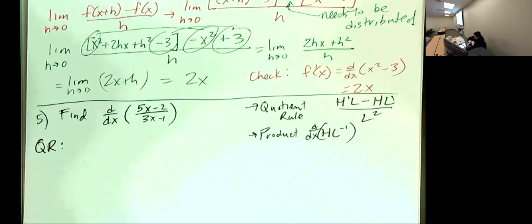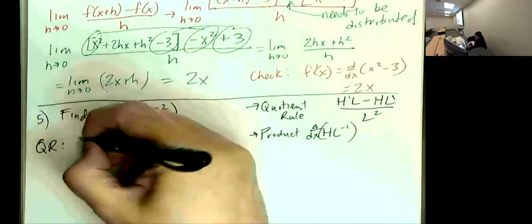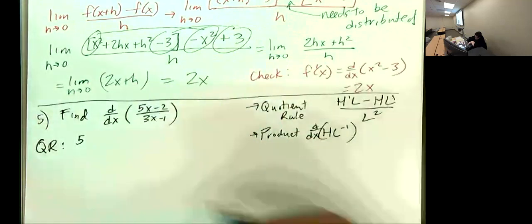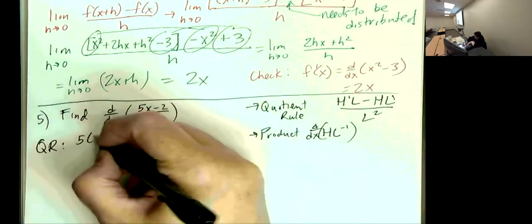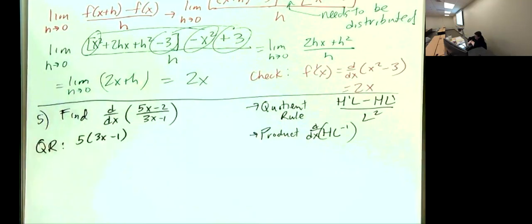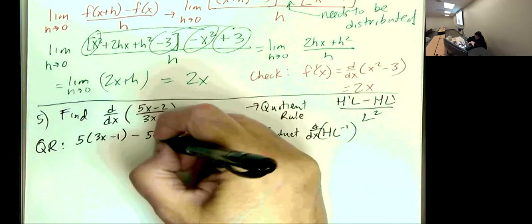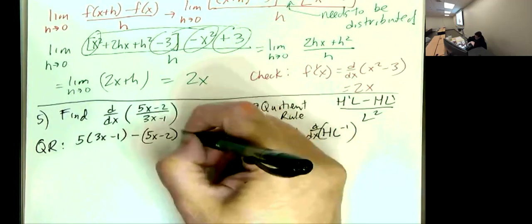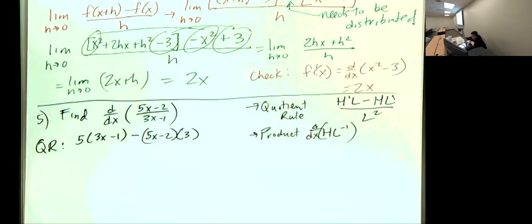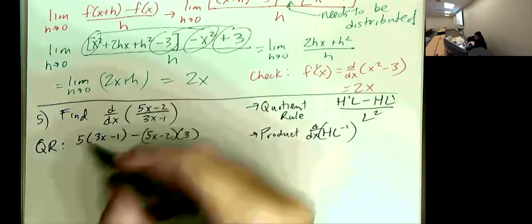High prime is the derivative of 5x minus 2, which is 5, times low, which is 3x minus 1. Then I have minus high, which is 5x minus 2, times the derivative of low, which is 3, all over low squared.